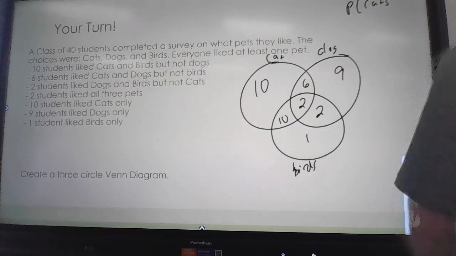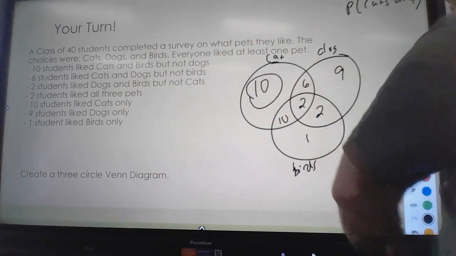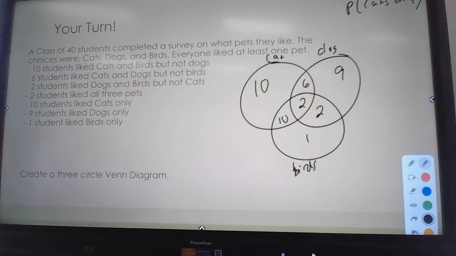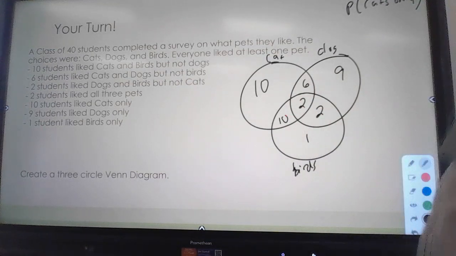But if I were to say cats only, then I can be more specific and focus on everything here, okay? Or if I say how many students like more than 1 pet, well then that means I have to include all 4 of these regions here. That'll be about 20 out of 40 people, okay?